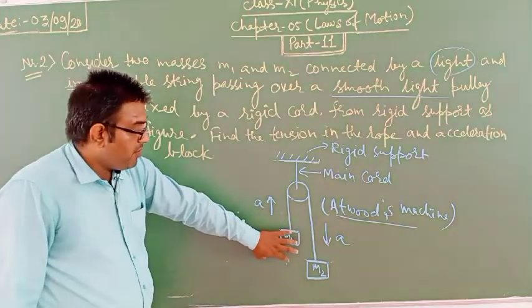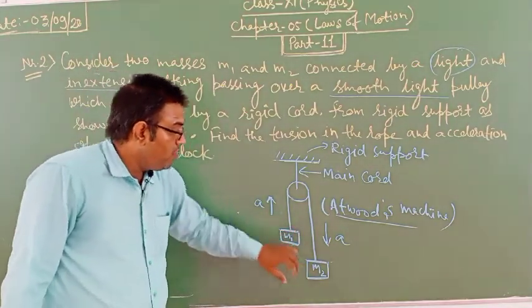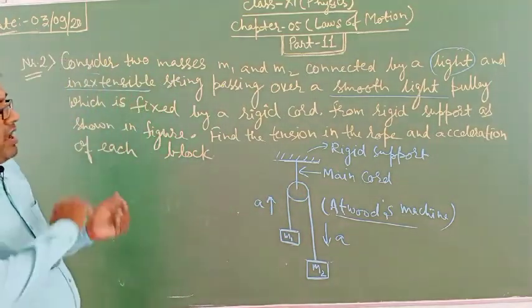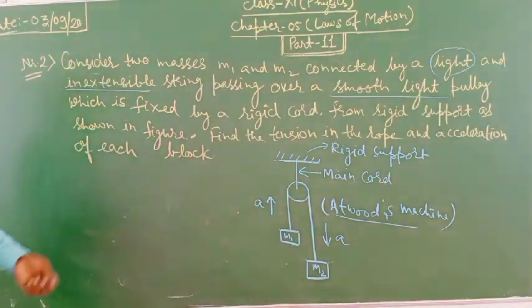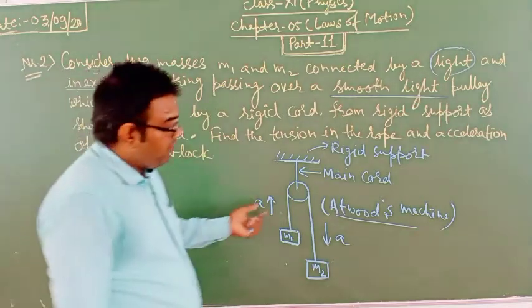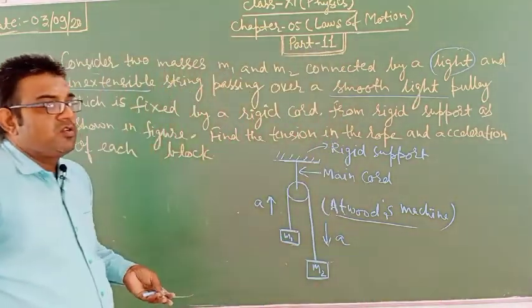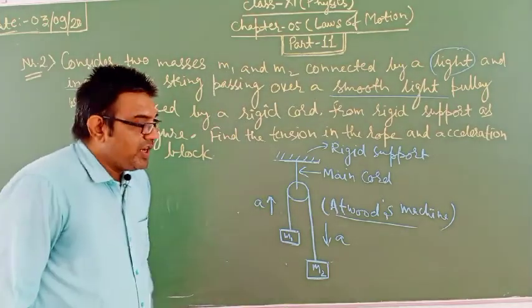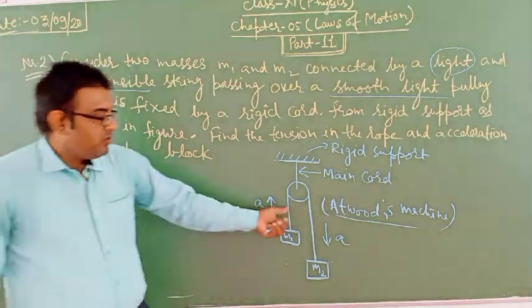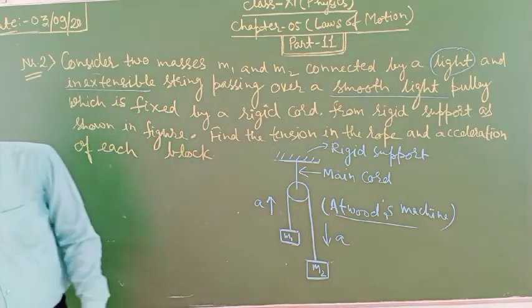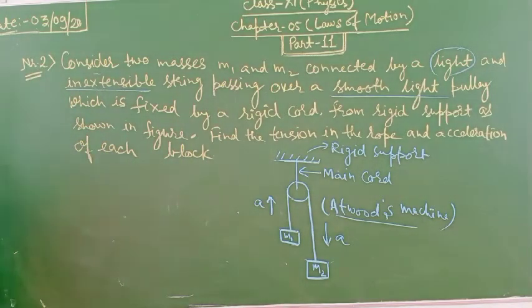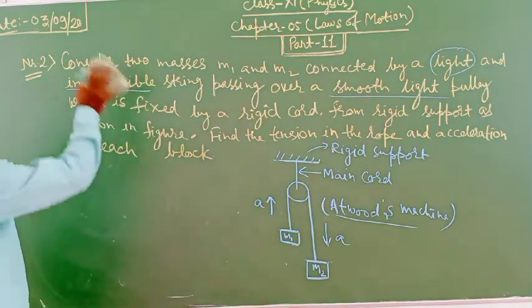We will draw the free body diagram for M1, M2 and the pulley, then write the equations and calculate them to get the value of acceleration A and tension T produced in the string. So let us start.